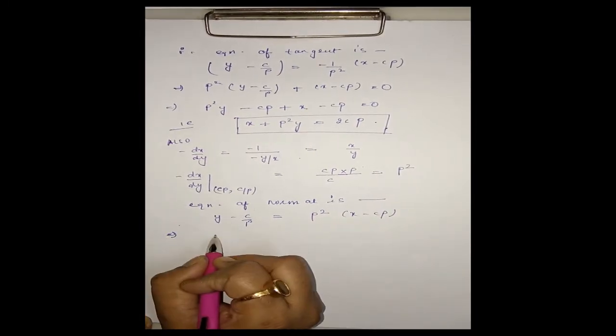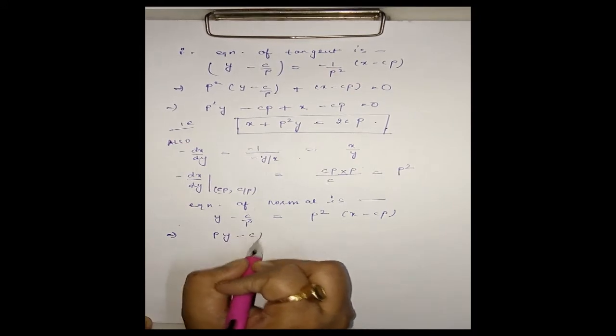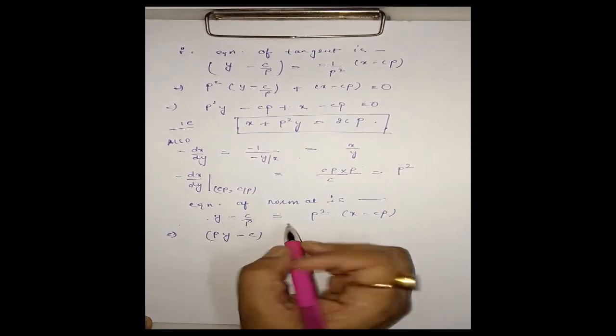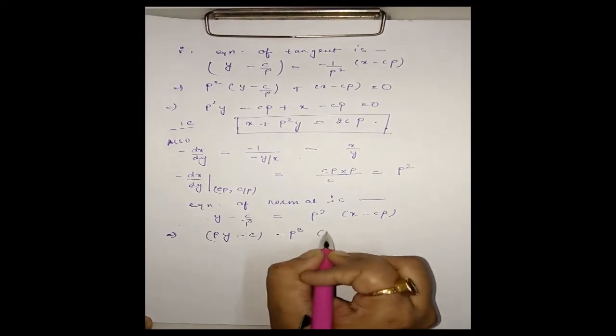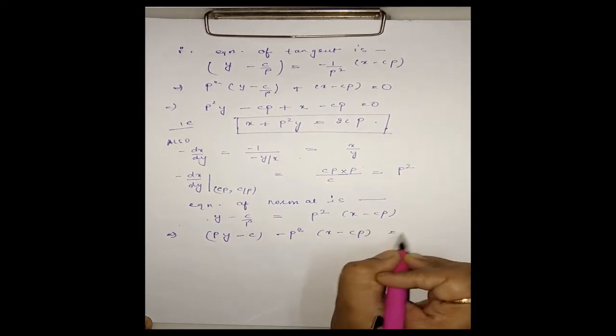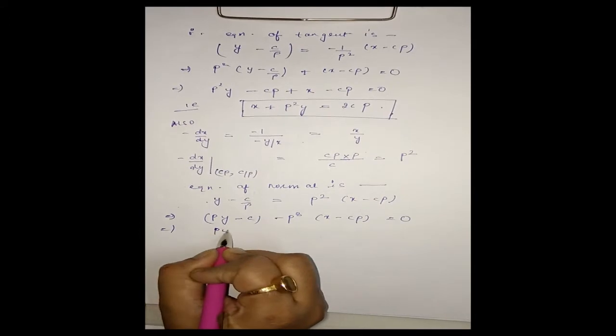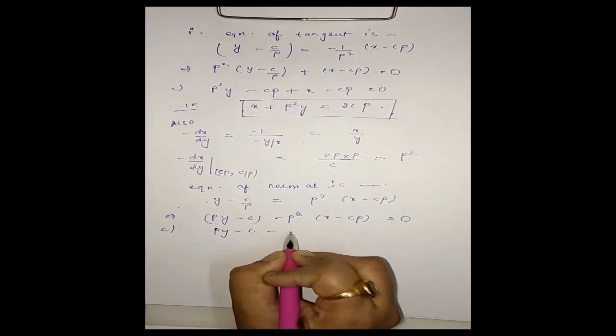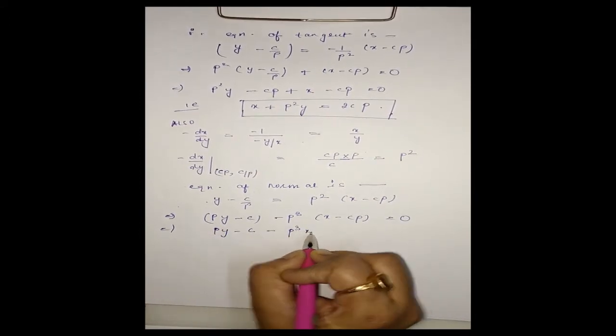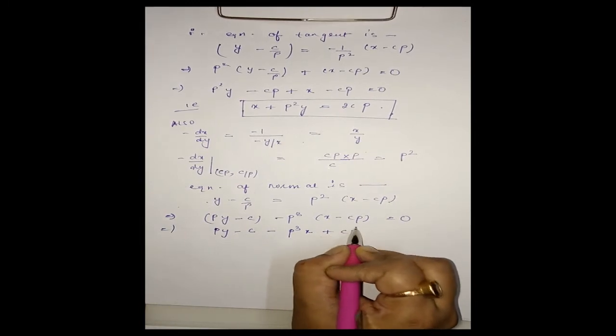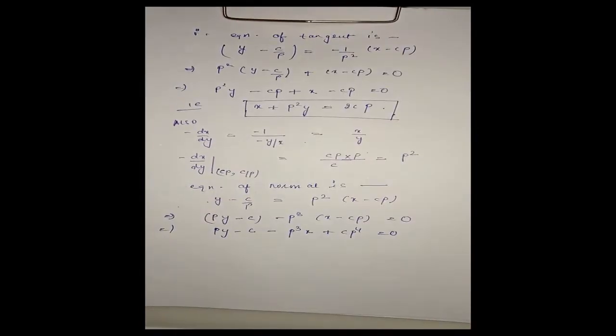This is py minus c minus p cube x minus cp is equal to 0. That is py minus c minus p cube x plus cp4 is equal to 0.